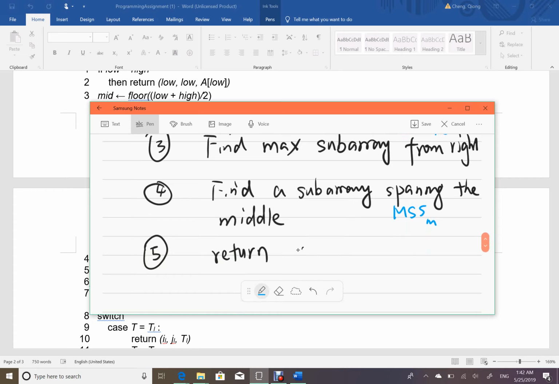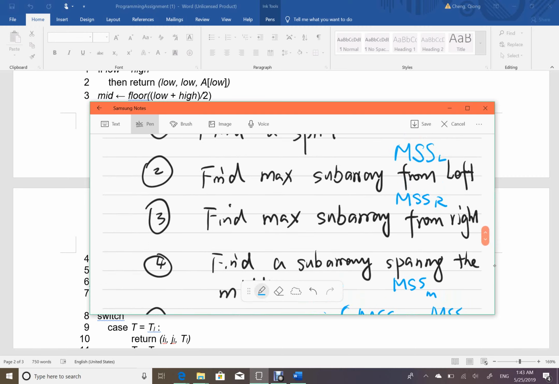Such that here we return the smallest one, the minimum of MSSL, MSSR, MSSM, right? This we return.